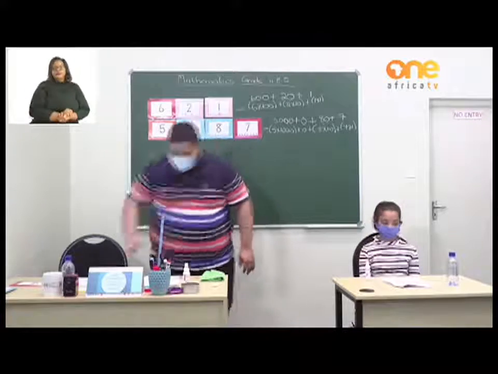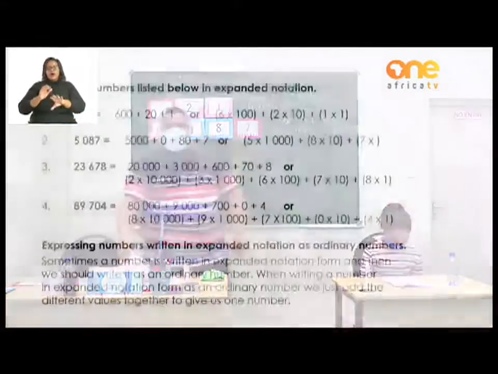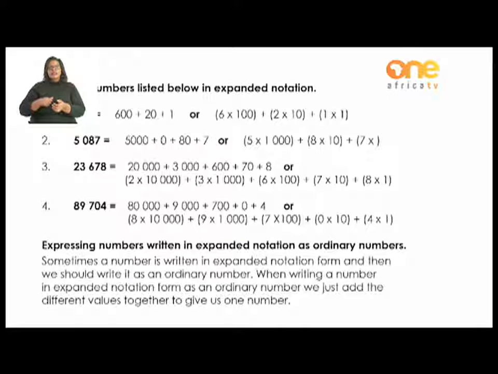Now going back to our book, we will see there are lots more examples. Let's see number 3. 23,678 is equal to 20,000 plus 3,000 plus 600 plus 70 plus 8 times 1, which is equal to 8.